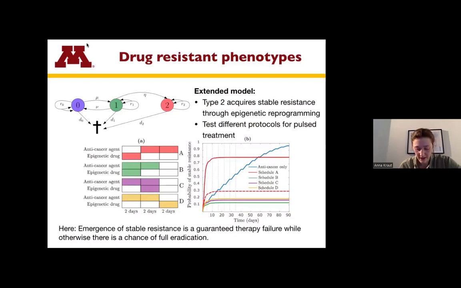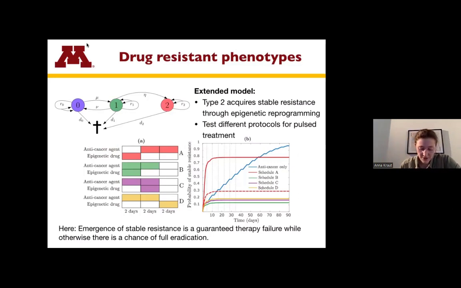reversible resistant type. And in this picture, we're now looking at a treatment, the original cancer agent, having on and off phases here. And that is because quite often cancer treatments are associated with severe side effects. So you will basically switch between on and off phases of treatment.